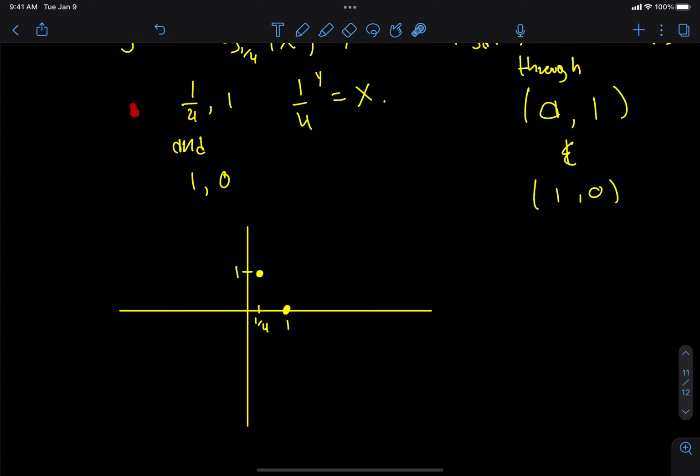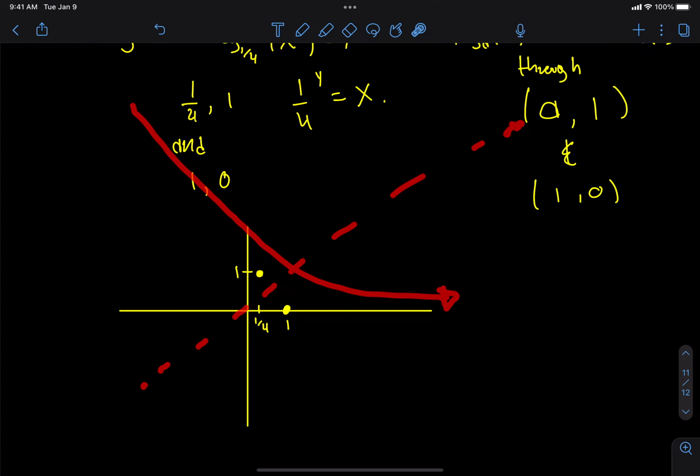So the parent function looks not like that, but like, I'm gonna mess this up. Something like this probably is what it will look like. So if we reflect that about the line y equals x, what am I doing? Is this correct? Yes. No. Oh, what have I done?